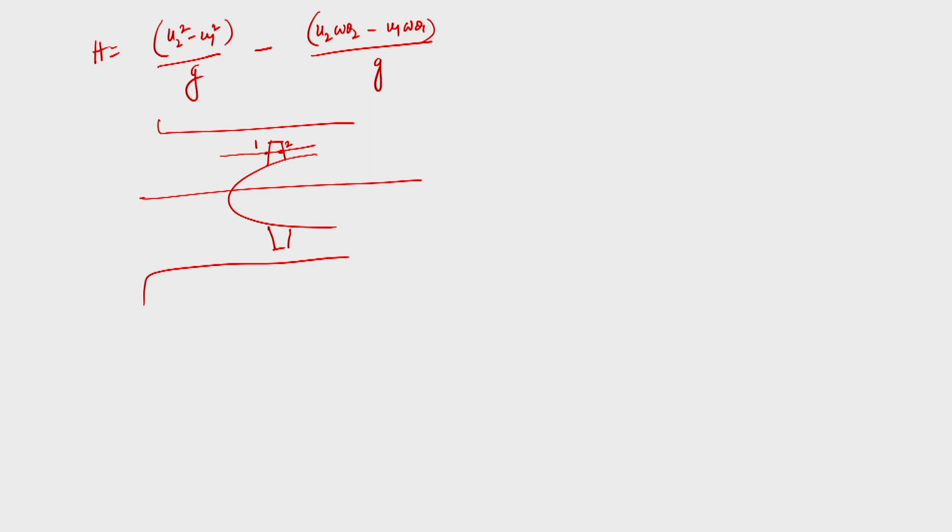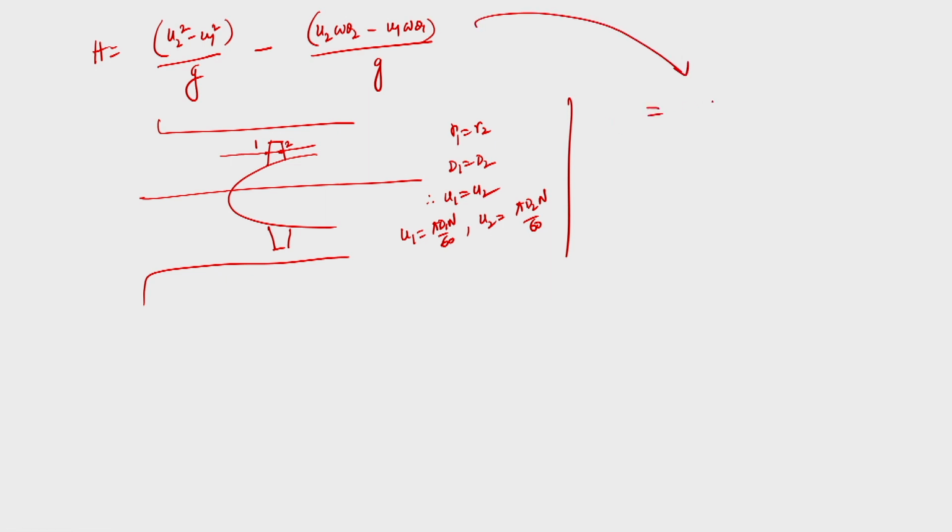So, if it is a purely axial flow machine, then R1 is equal to R2, then D1 equal to D2, that means U1 equal to U2, because U1 is equal to pi D1 n by 60 and U2 is equal to pi D2 n by 60. If that is the case, then the head developed by the pump will be equal to (U2 W theta 2 minus U1 W theta 1) divided by G.